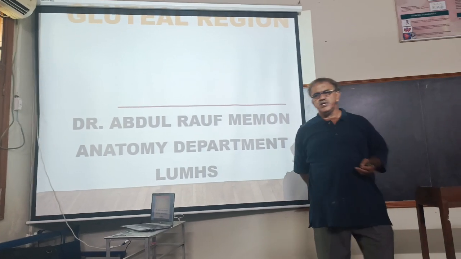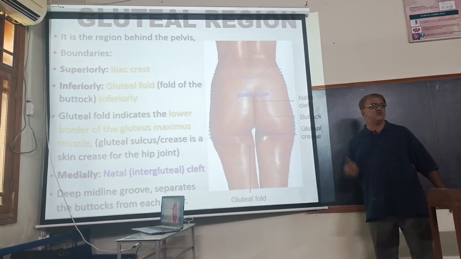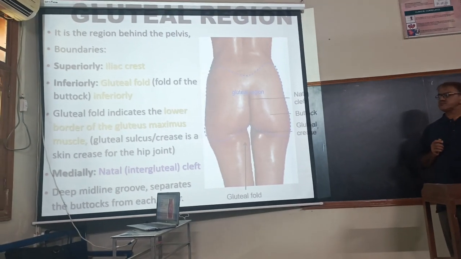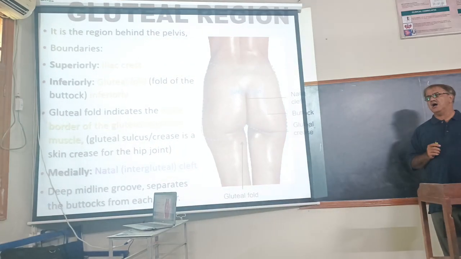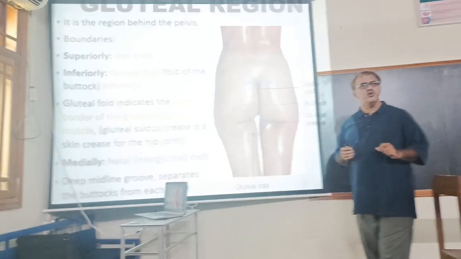So here in the gluteal region, we start from superficial and go deeper. Skin is very important here because this gluteal region is important from the clinical point of view.